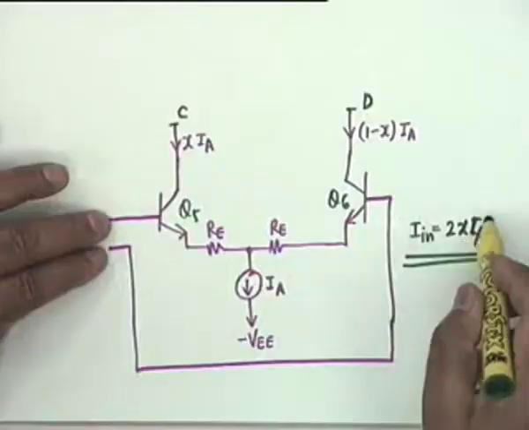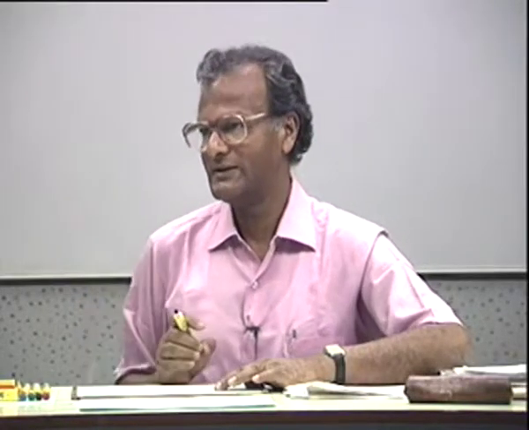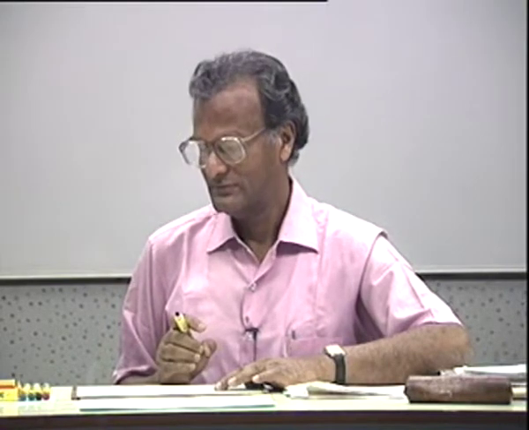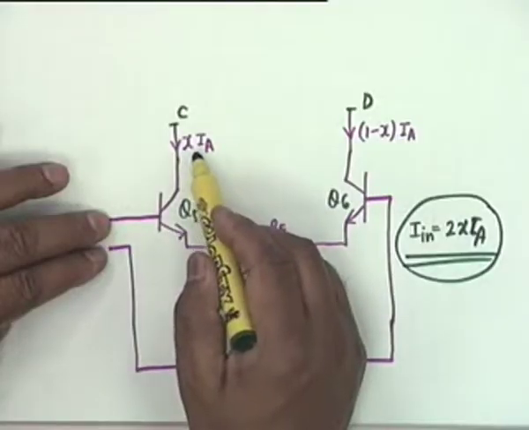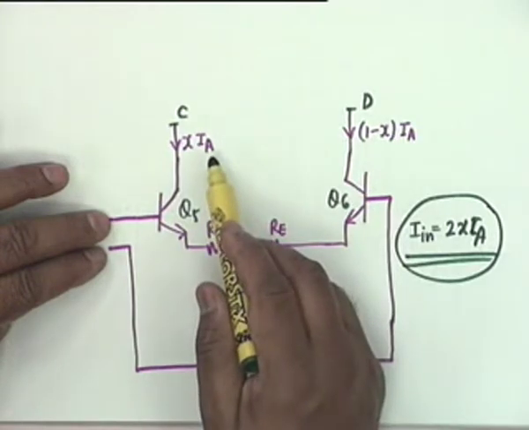Source? This IN is not a source in the physical sense. It is the equivalent input current. Is it the difference of two currents? It is the difference between these two currents, XIA and (1 minus X)IA.